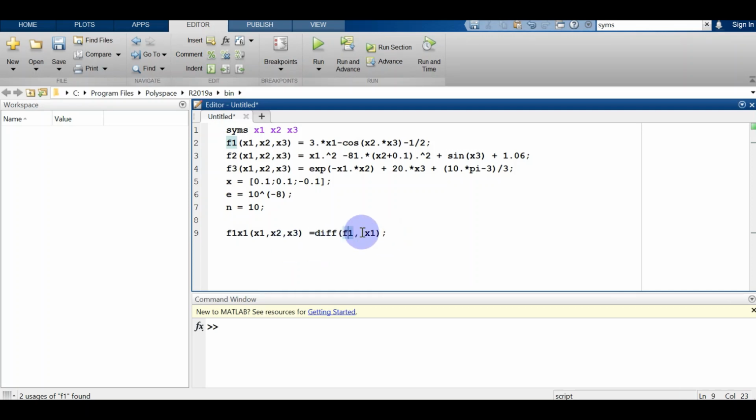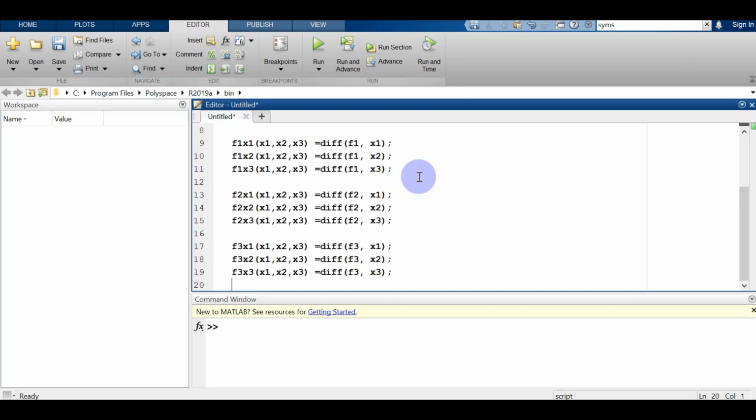It will differentiate f1 with respect to x1 and store it in the f1x1 variable, which also depends on x1, x2 and x3. Similarly, I will differentiate all the f's with respect to all the variables x1, x2, x3. So f1x1, f1x2, f1x3. Here you can see I am differentiating f1 with respect to x1, x2 and x3, then f2 with respect to x1, x2 and x3, and then f3 with respect to x1, x2 and x3.